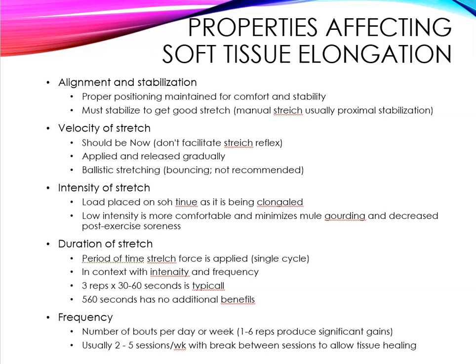Alignment influences the baseline amount of tension present in soft tissue and affects the available joint range of motion. In addition to the alignment of the muscle and joint to be stretched, the alignment of the trunk and adjacent joints must also be considered.